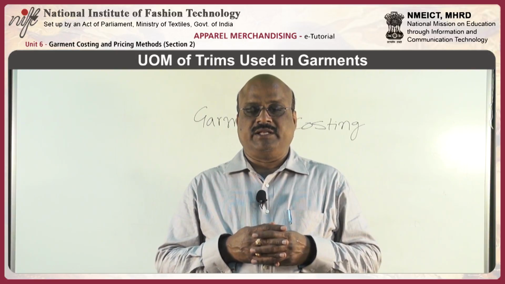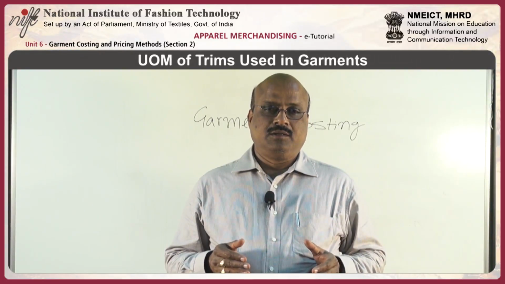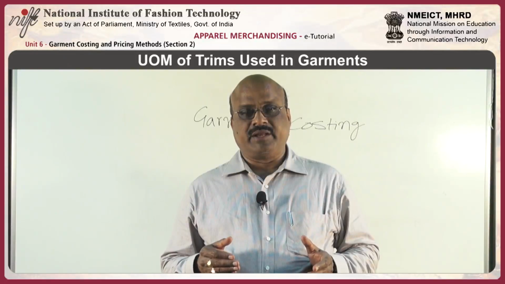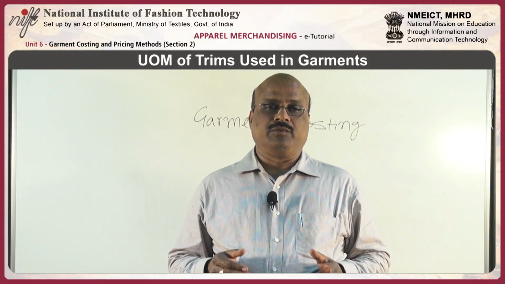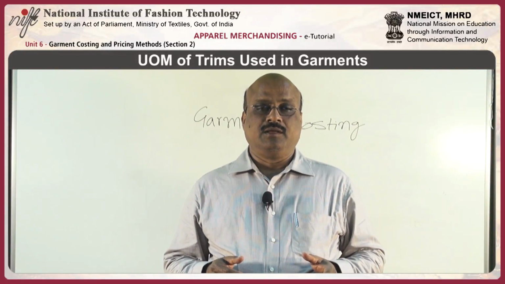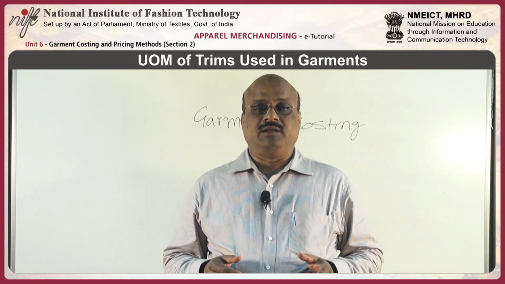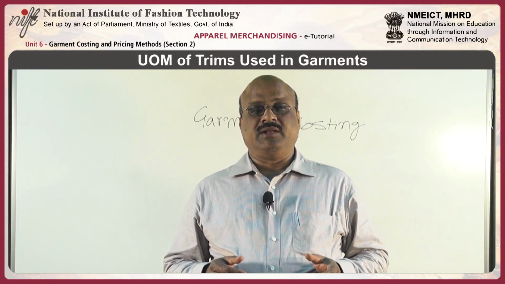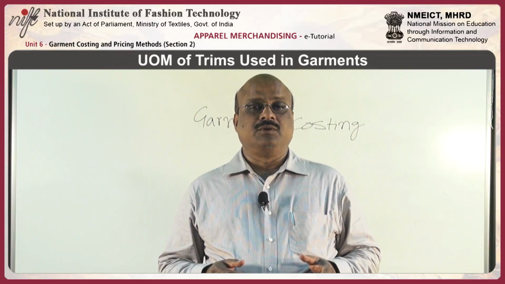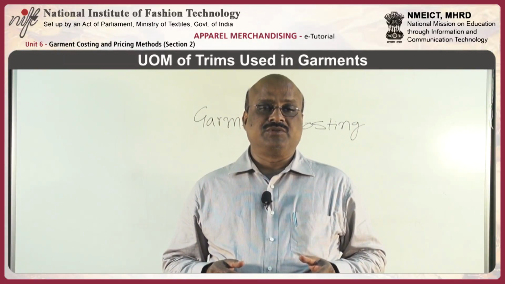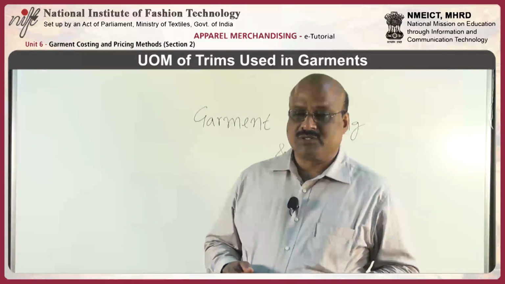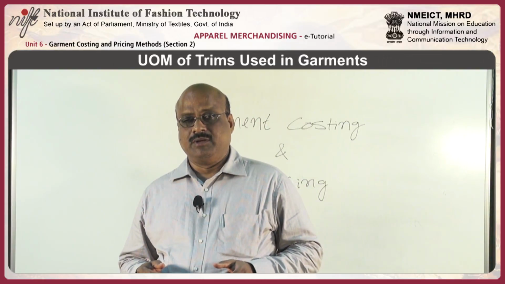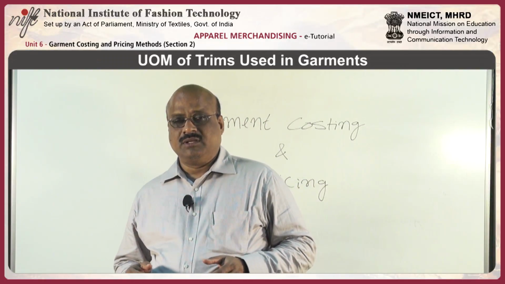Other factors that need to be considered while calculating the trim cost are MOQ, that means minimum order quantity, lead time, and quality of raw material used to make the trims. So in case of trims, another important cost factor is the minimum order quantity, which has to be considered.